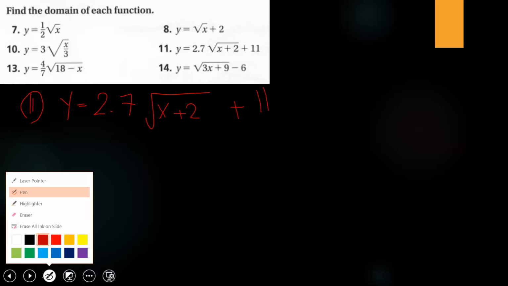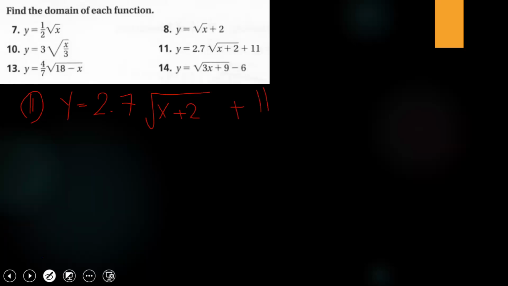Let's solve number 11 now. In number 11 here, we have y equals 2.7 times the square root of x plus 2, plus 11. Look at this one now. Where's the expression under the square root? x plus 2. Only x plus 2. Bravo. So I will take x plus 2 that is greater than or equal to 0.